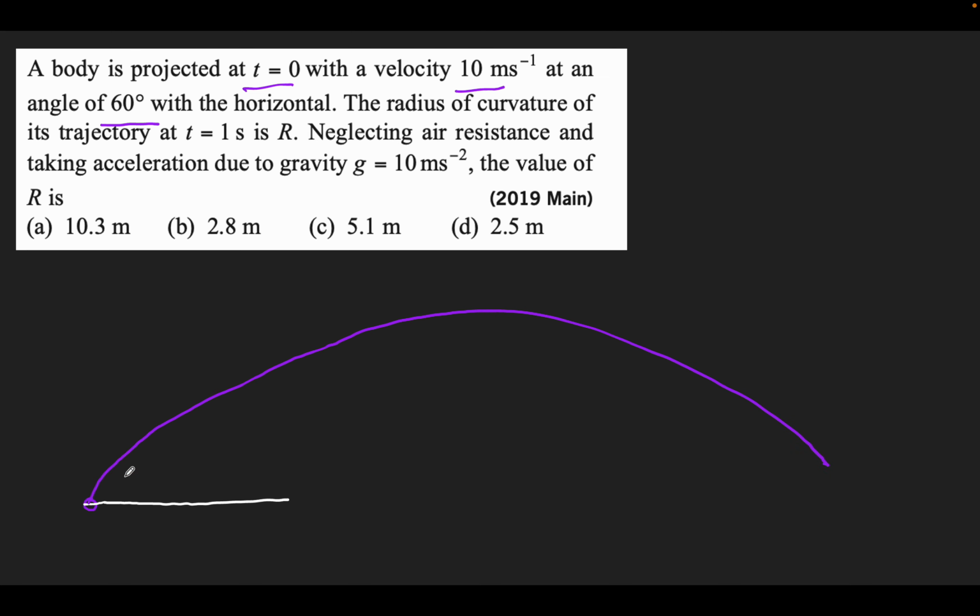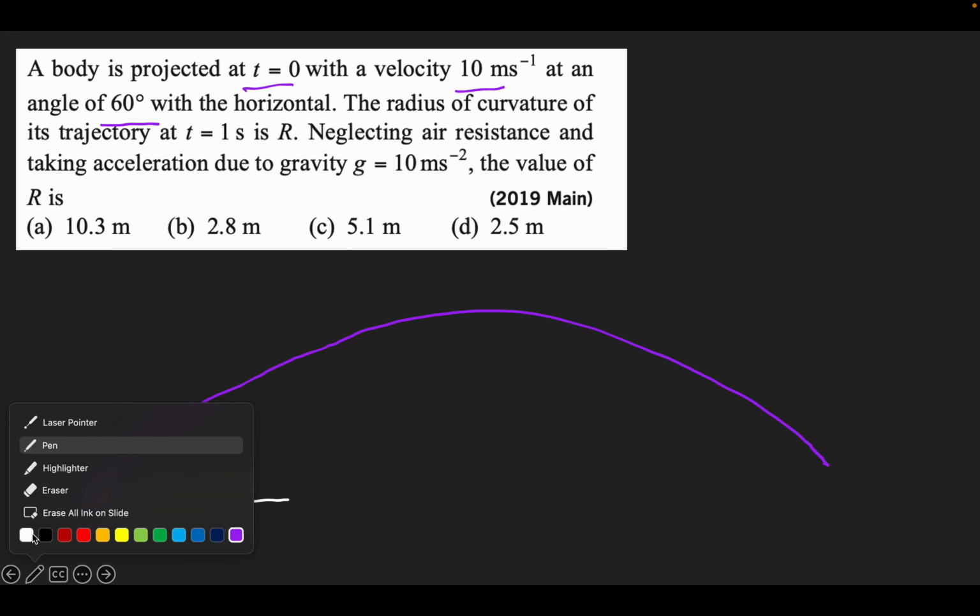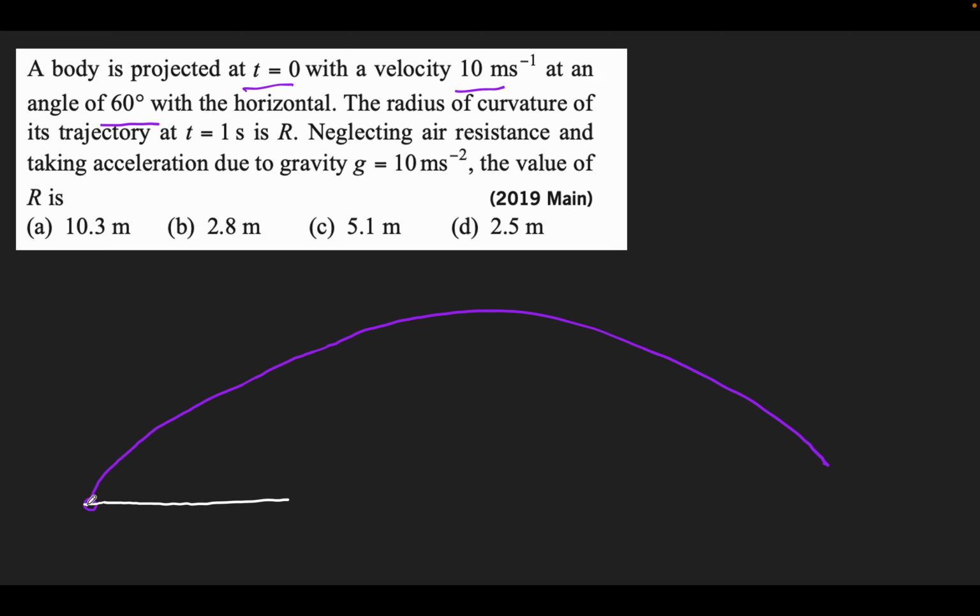This angle means at the very beginning the tangent was something like this. At the very start, this angle is 60 degree. That is the first sentence: a body is projected at t equal to 0 with a velocity of 10 meter per second. So the initial velocity was 10 meter per second.